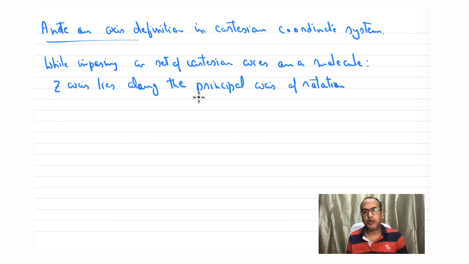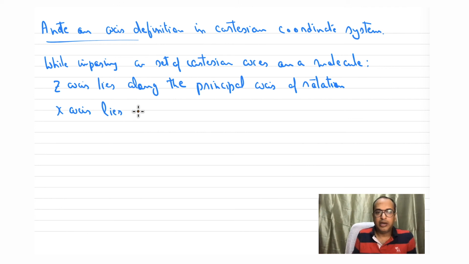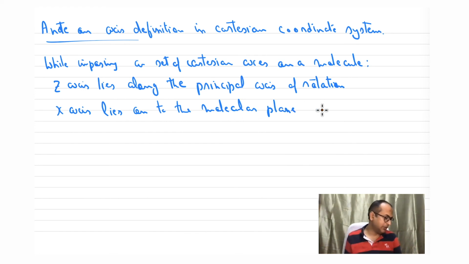So you can say that if you don't know where the principal axis is, you will put the molecule incorrectly in the Cartesian coordinate system, because if you're not putting the z-axis along the principal axis, you might not get correct results for the problems, right? Then the x-axis lies onto the molecular plane. Of course, it has to be perpendicular to the z-axis or the principal axis.